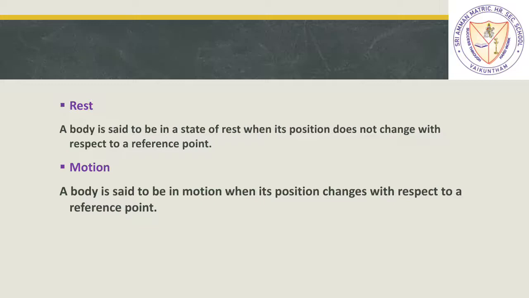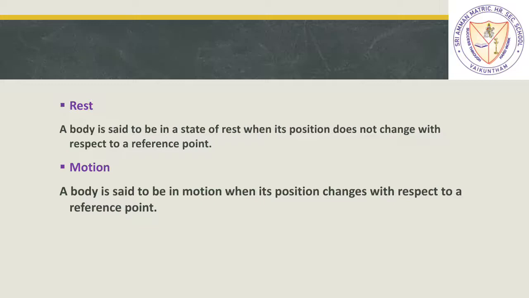So what is this rest? A body is said to be in state of rest when its position does not change with respect to a reference point. For example, you are a reference point. Reference point means with respect to some object, with respect to some body, we are defining the motion of the other body.